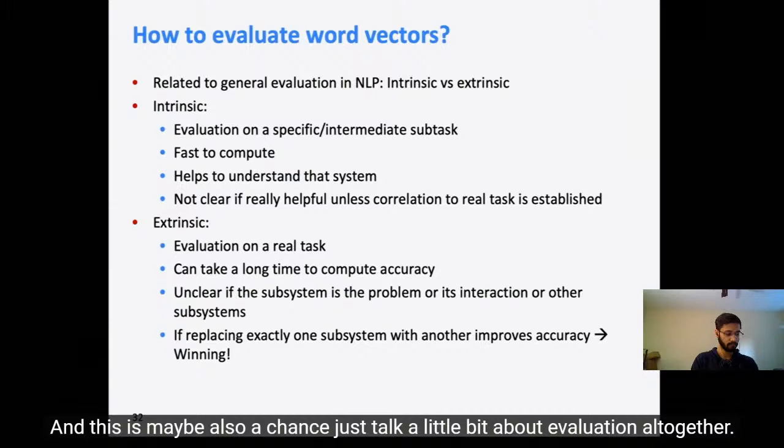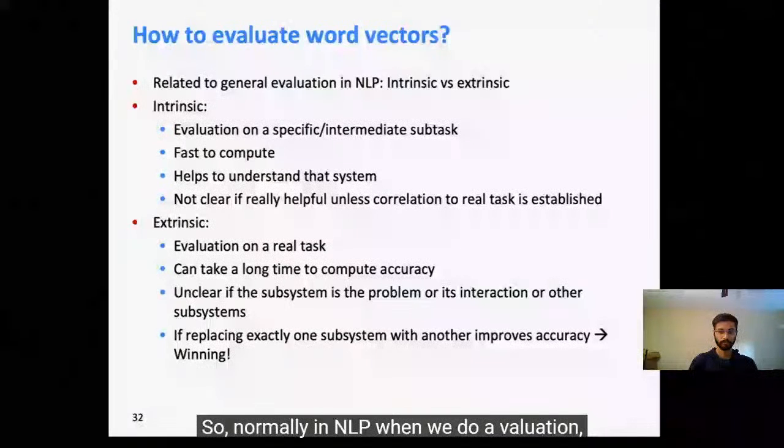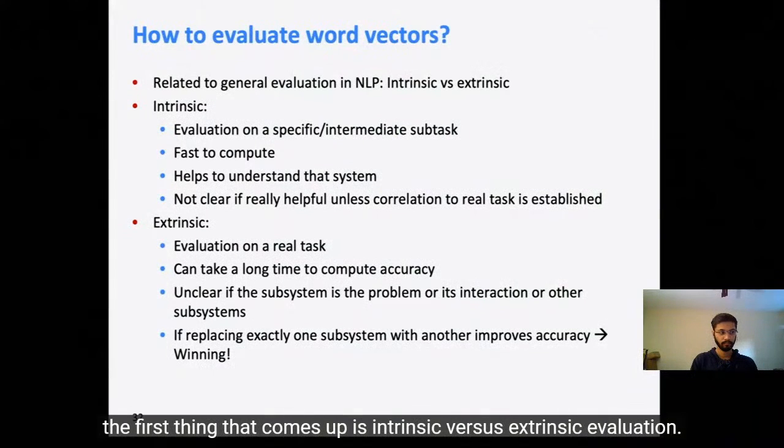And this is maybe also a chance to just talk a little bit about evaluation altogether. So normally in NLP, when we do evaluation, the first thing that comes up is intrinsic versus extrinsic evaluation.